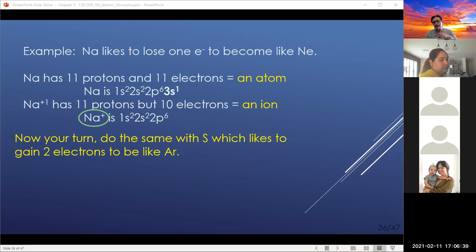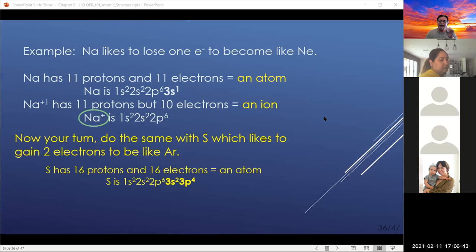Sulfur, at the other end of the spectrum, is a non-metal. So it's going to gain electrons. Now, its electron configuration is 1s2, 2s2, 2p6, and then we've got 3s2, 3p4. Sulfur is in group 6.